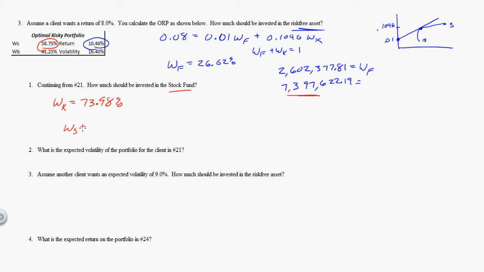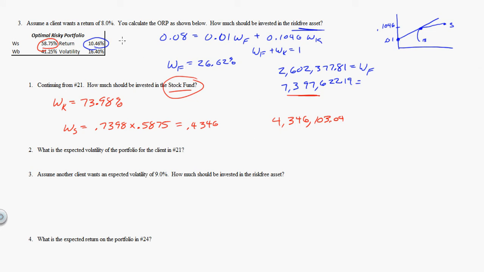So the total weight in stock is equal to 0.7398 times 0.5875, right? And this is going to tell me the overall level, which is going to be like 0.4346. Multiply that by 10 million. I need to put 4,346,103.04 into the stock fund.